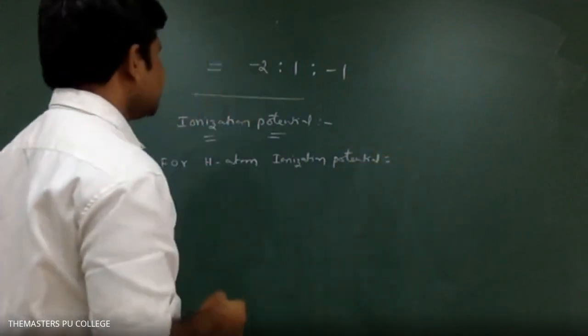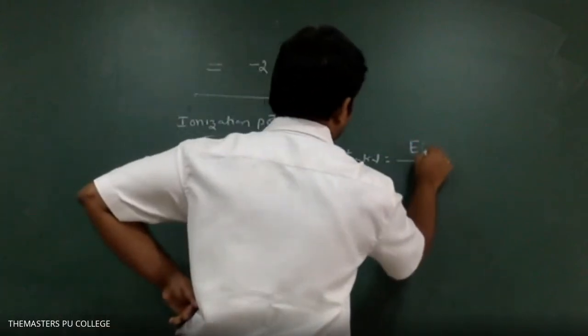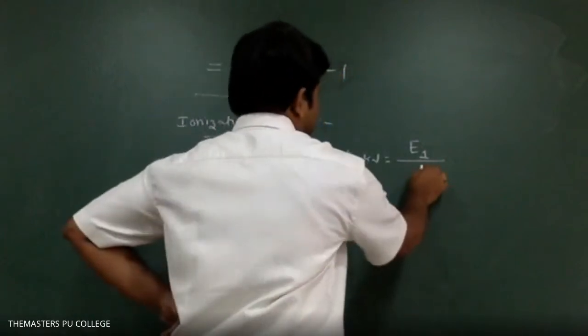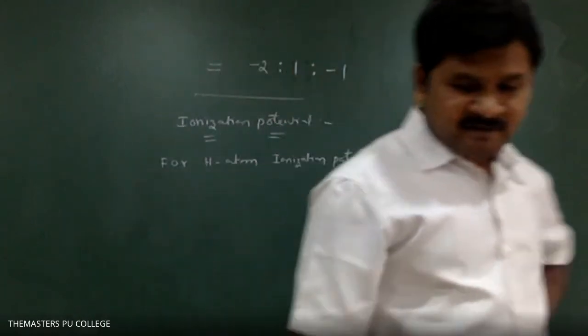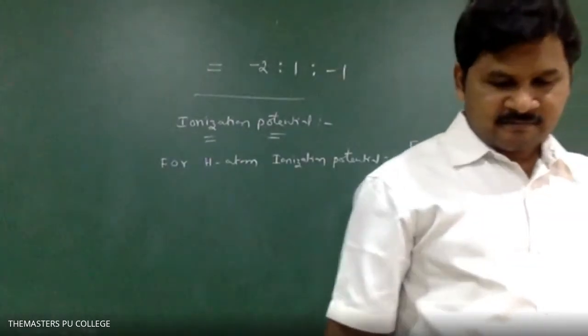For hydrogen atom, ionization potential is equal to E1/n². What is E1? E1 means energy of hydrogen atom. He will give it in the question.